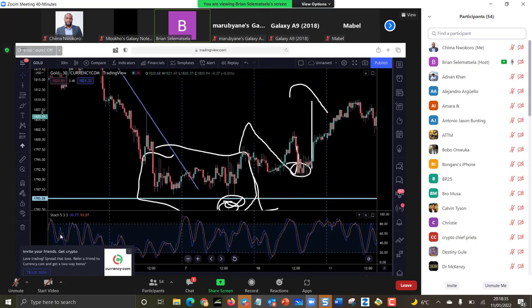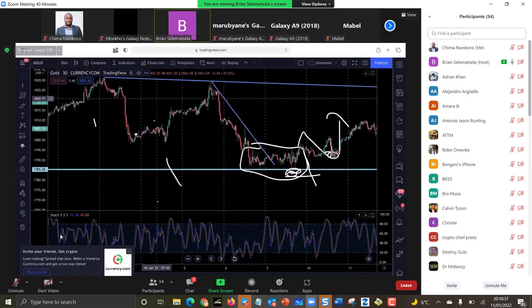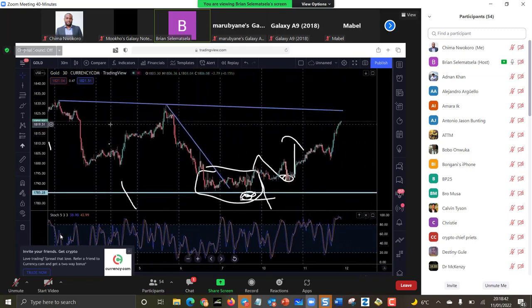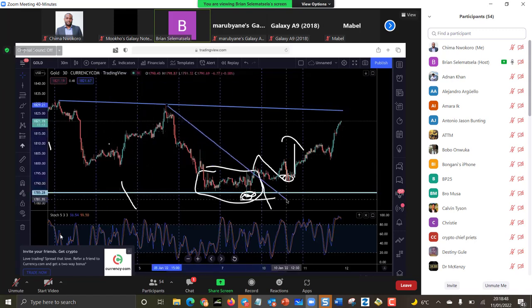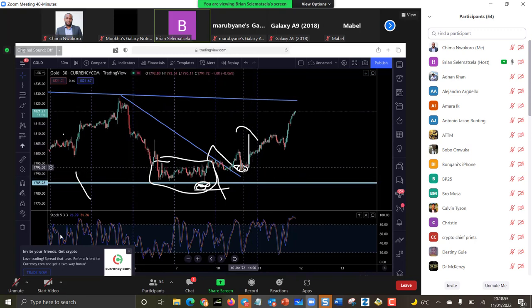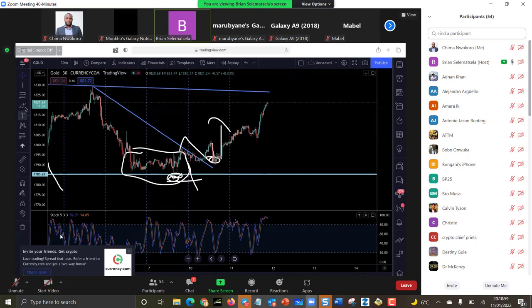So I analyzed with you guys this gold. And from there, I think this line was supposed to extend until here. And from there, we saw an opportunity to buy here. I think it was here.